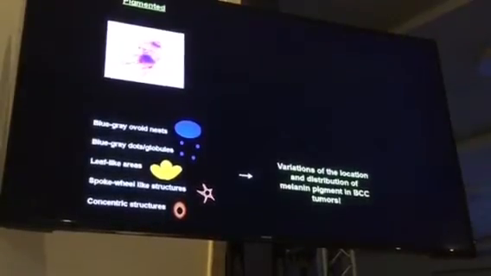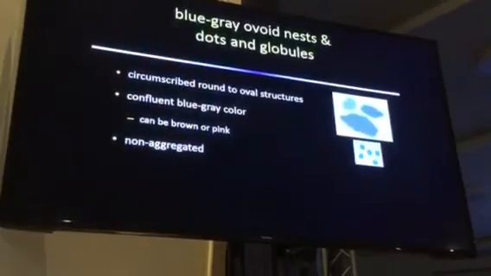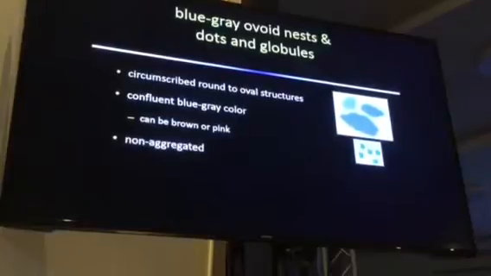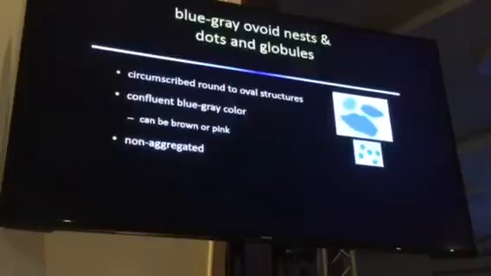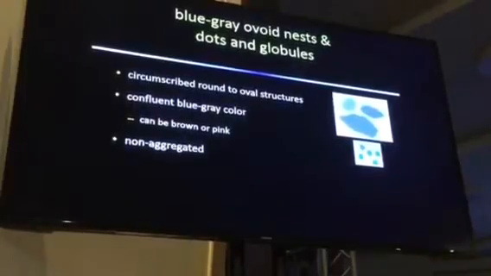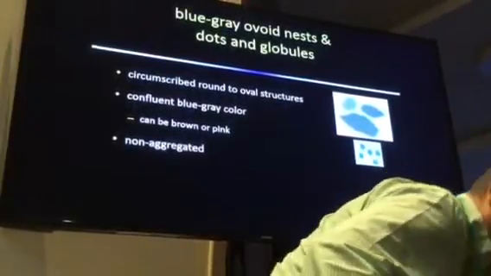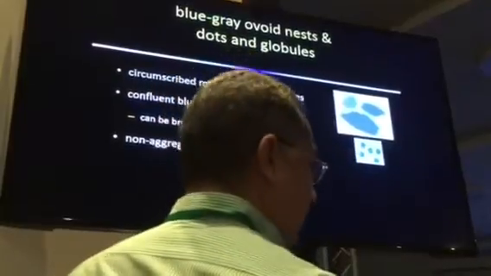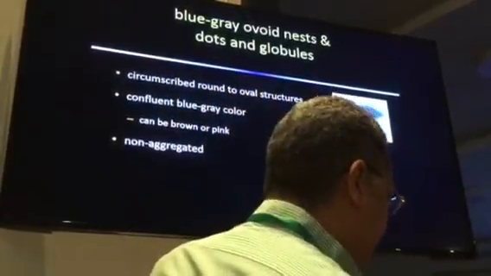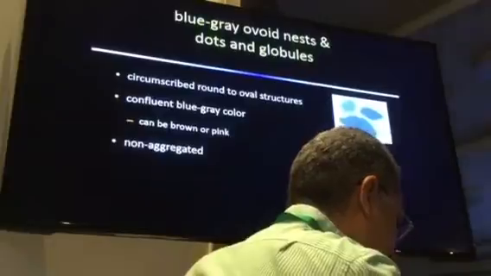There's nothing really unique about these, but they do give you some information as to the histologic subtype. For blue-gray ovoid nests and dots and globules, these are rounded structures, sometimes oval. Most frequently you'll see blue-gray color, but you can see variations of brown as well as pink. They tend to be non-aggregated, and I'll explain what I mean by that in a second.